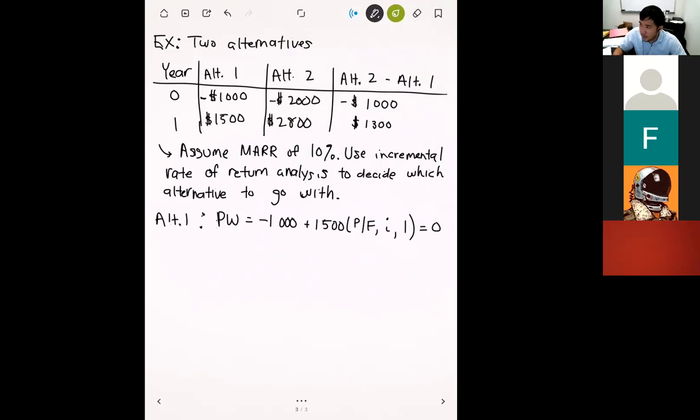But since this situation is so easy and we only have 1 year, it's actually a little bit more convenient to solve this with formulas. And so for this one, we're going to plug in the P over F formula. Right. And so the P over F formula is going to be 1 divided by 1 plus I.